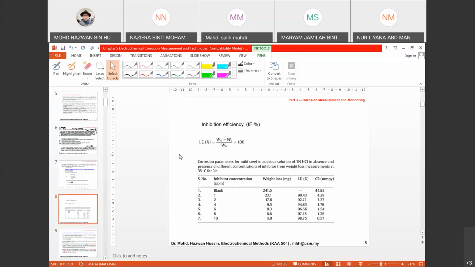You can also calculate inhibition efficiency from weight loss methods. This is in the case where you study the effect of an inhibitor.